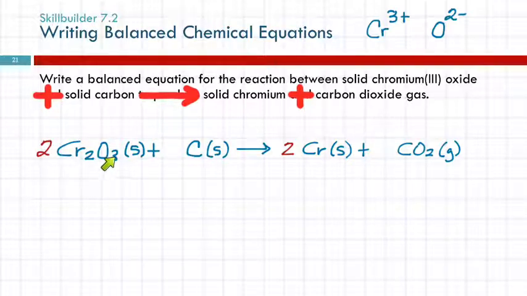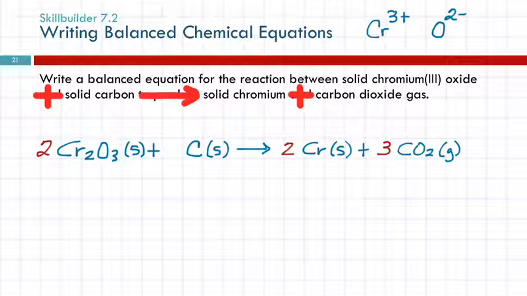Now I've got 6 oxygens, and I've got the 2 over here, so I could put a 3 in front of that. Now I have 2 times 3, 6 oxygens here, and 2 times 3, 6 oxygens there. So I fixed the oxygen, but what did I mess up? I messed up the chromium.